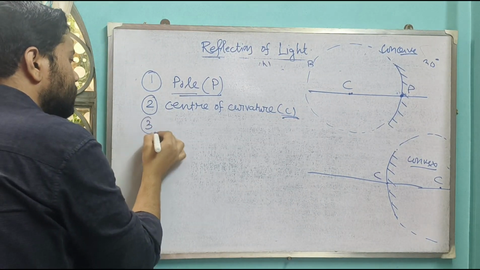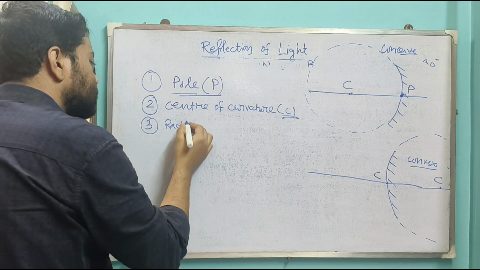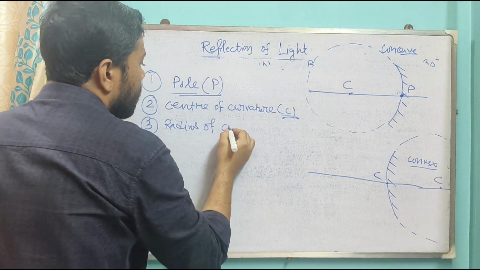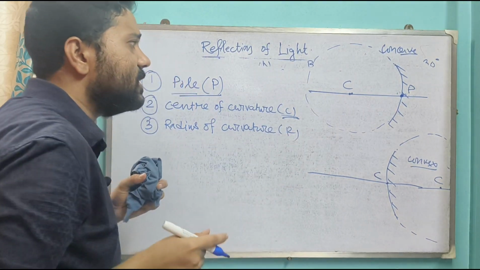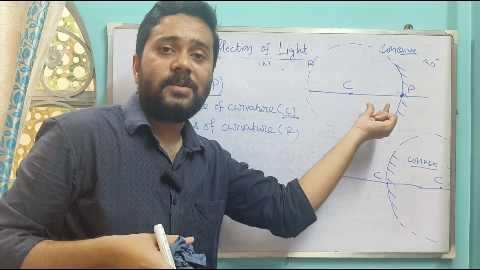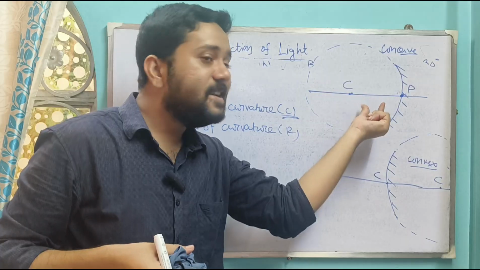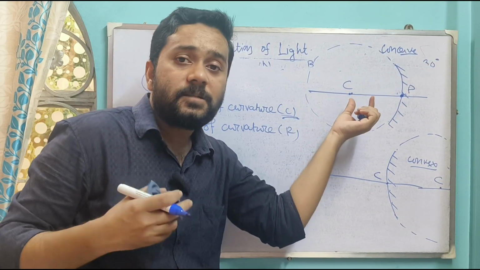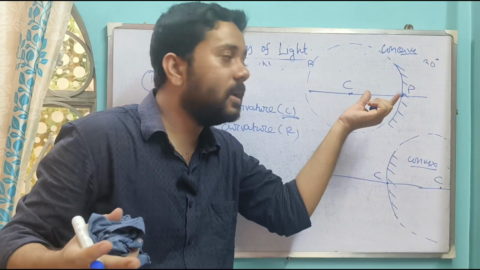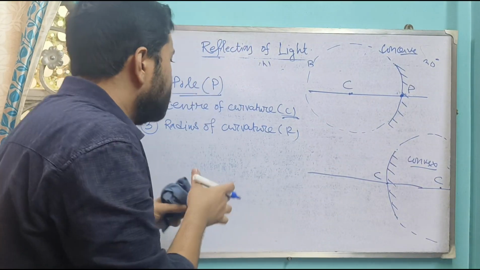Now see the radius of curvature. What is the radius of curvature? It is also easy. Obviously the mirrors are part of a sphere, and the radius of the sphere of which the spherical mirror is a part is called the radius of curvature.